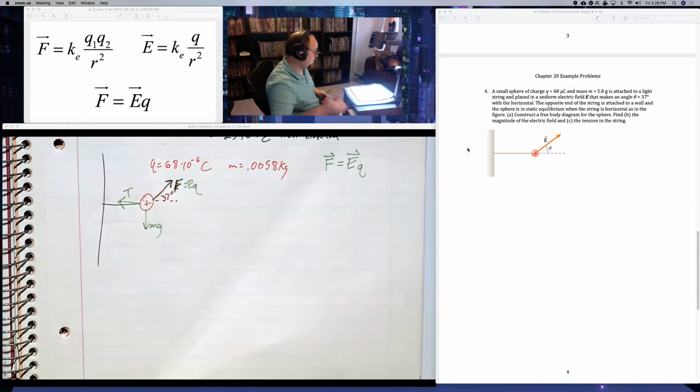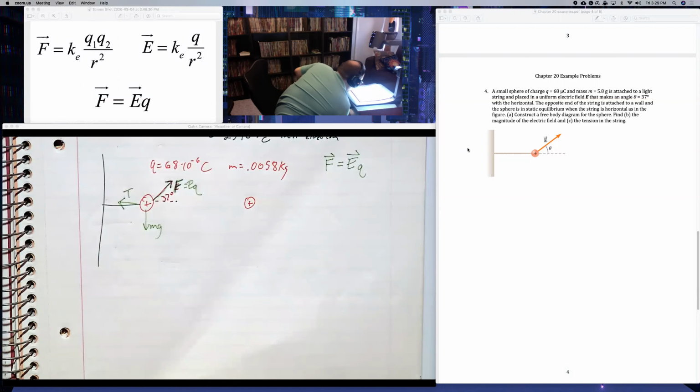Now, I'm going to break this down a little bit more and say, okay, tension is along X, good. mg is along Y, good. This EQ force is up and at an angle. So I'm going to say, you know what? This free body diagram needs to be split up. It needs to be turned into the things right along X and Y, albeit negative.